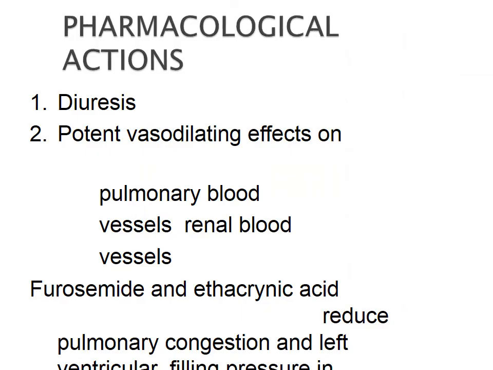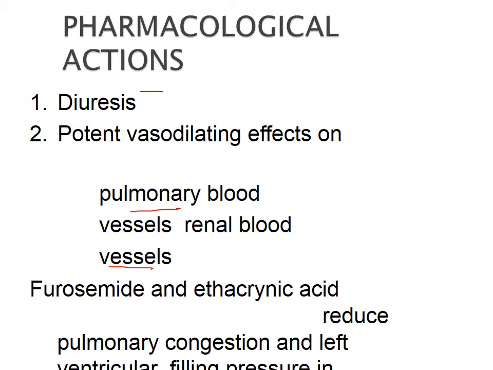Now, pharmacological actions we were talking about: these diuretics cause diuresis obviously. They have a potent vasodilatory effect on pulmonary vessels and renal vessels. So one of the most common clinical uses of these diuretics is basically the treatment of pulmonary edema.